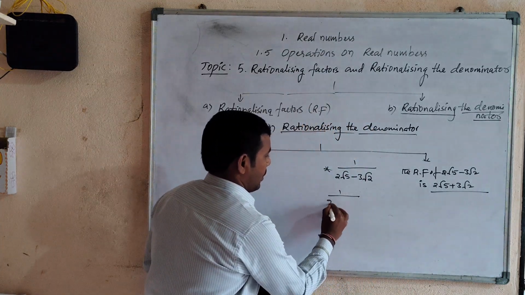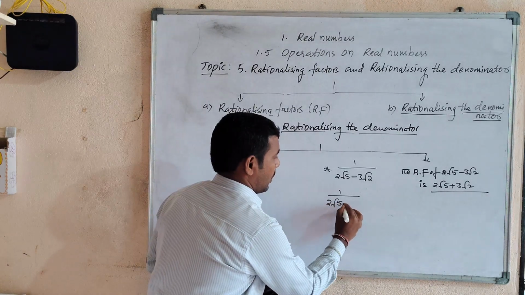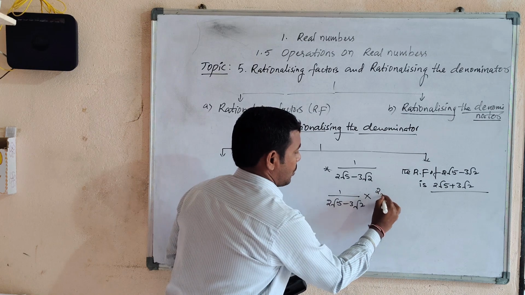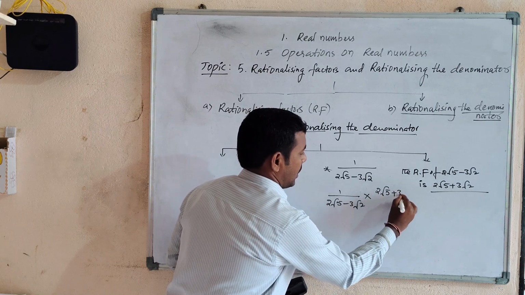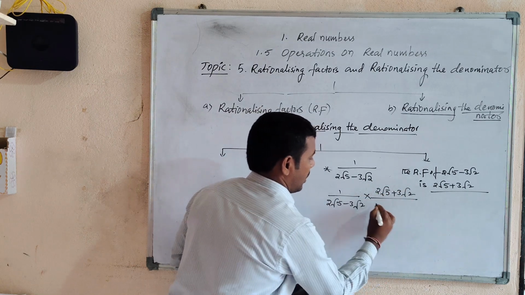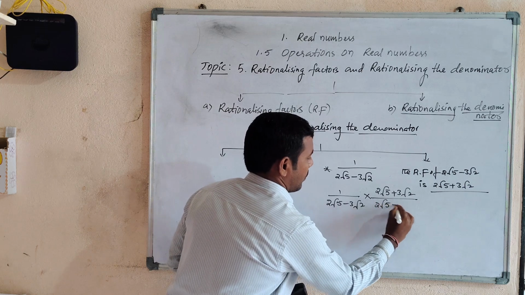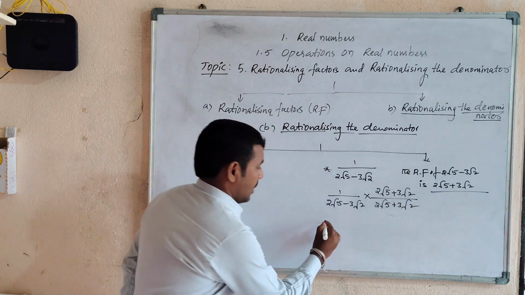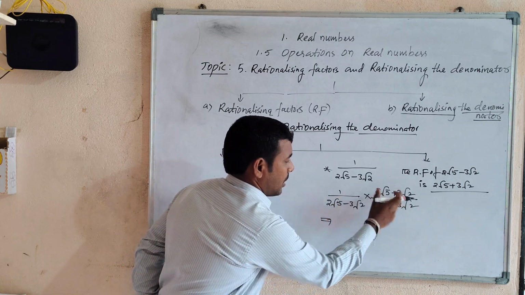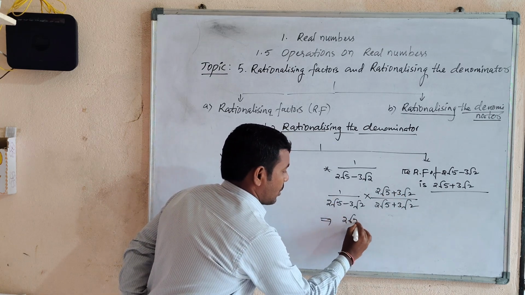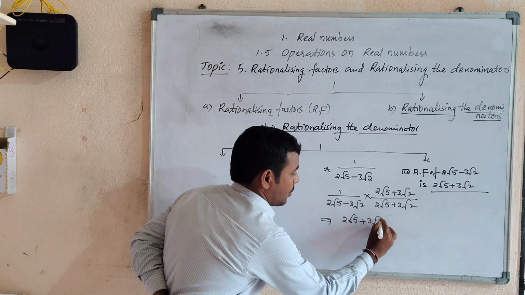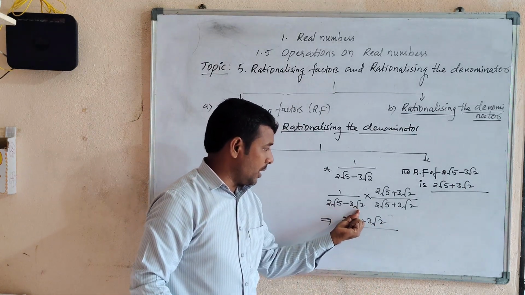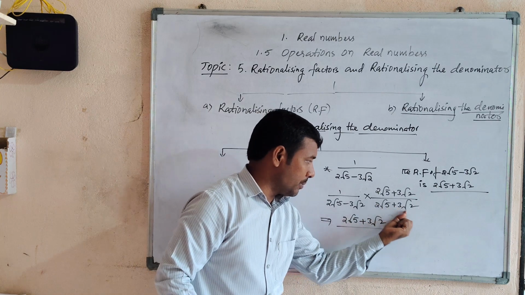1 by 2 into root 5 minus 3 into root 2, into 2 into square root 5 plus 3 into square root of 2, by 2 into square root of 5 plus 3 into square root of 2. Now what is the answer? 1 into something, same only. 2 into square root of 5 plus 3 into square root of 2 by, it is in the form of a minus b into a plus b.